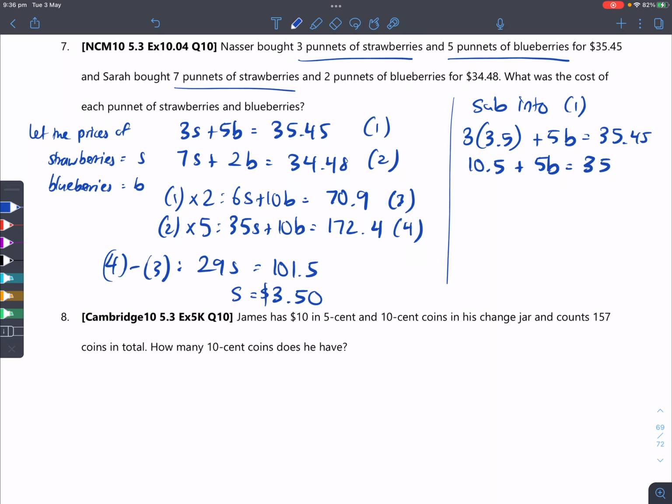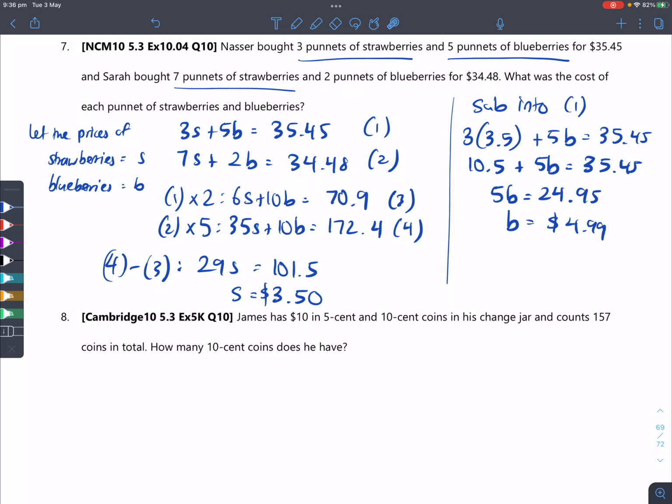I can move that number, 10.5, to the other side, so that gets minus from 35.45. So I'll get 5B equal to 24.95. And then finally, I divide by 5 to get B by itself. So B would equal $4.99, and that's the price of a punnet of blueberries.